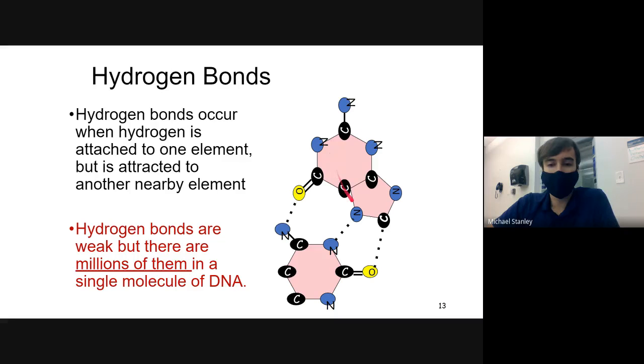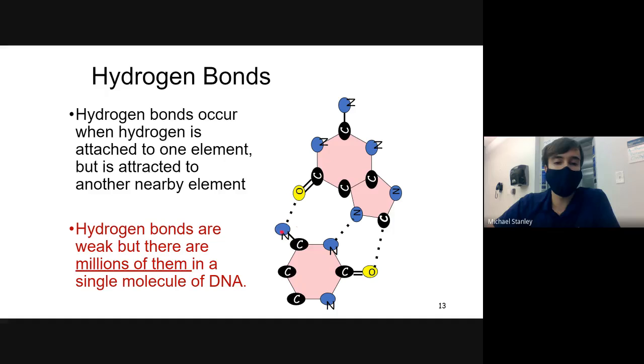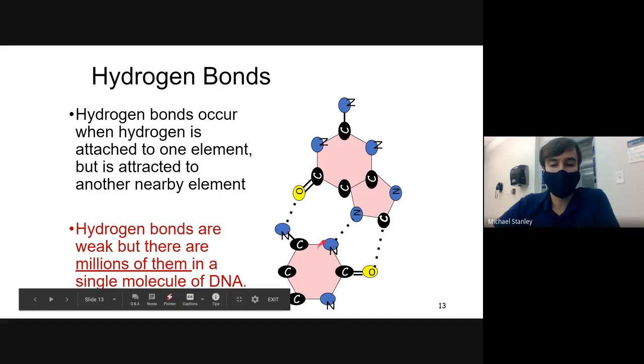So, for example, here are the structures of some of our bases. Each one of these little circles isn't written in because there'd be too many hydrogens and it would make everything messy. But each of these little circles has some hydrogens on them.